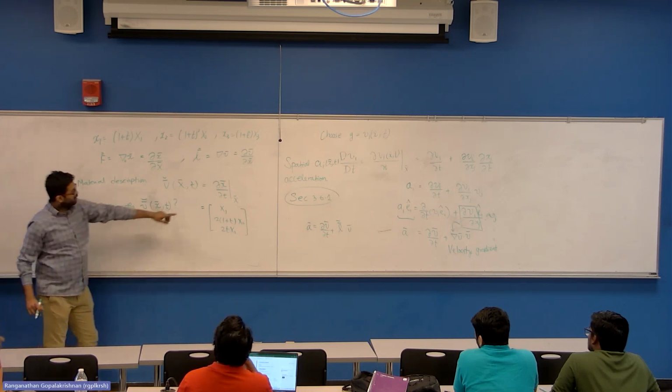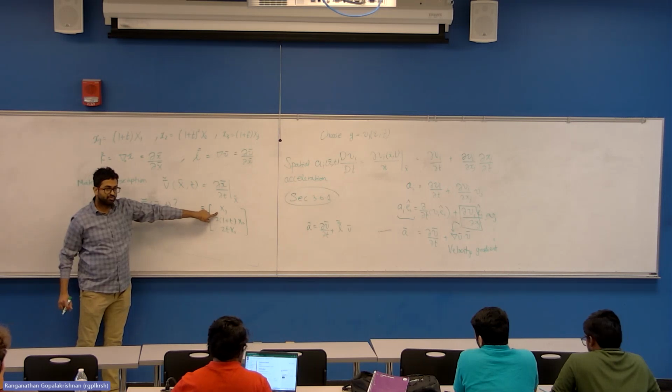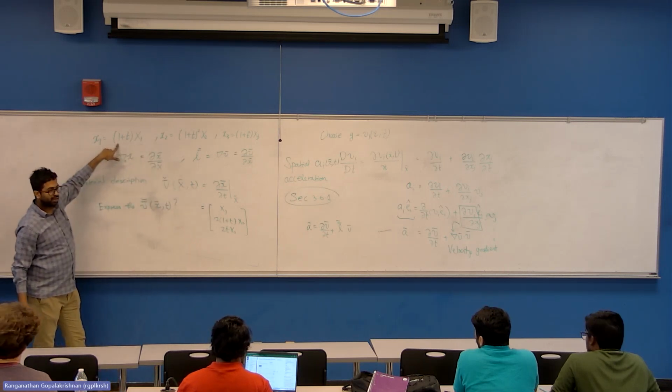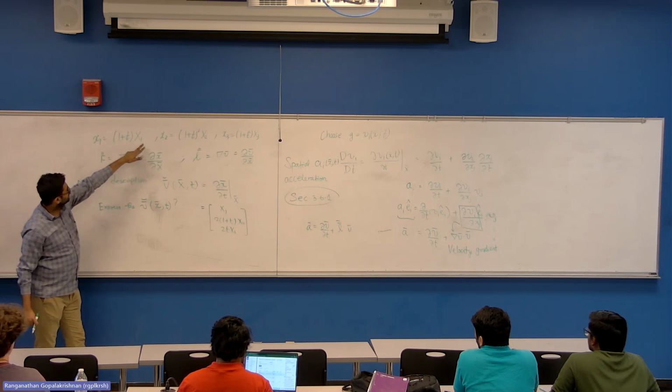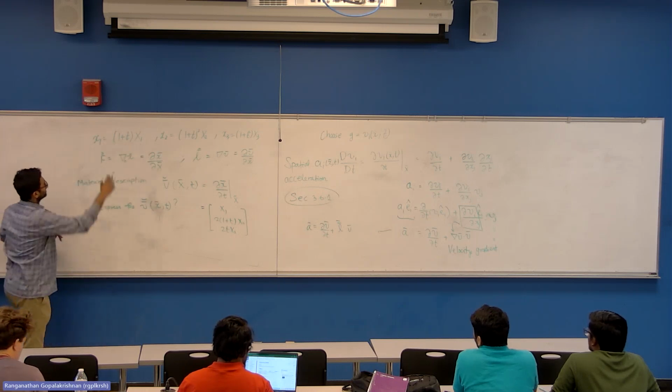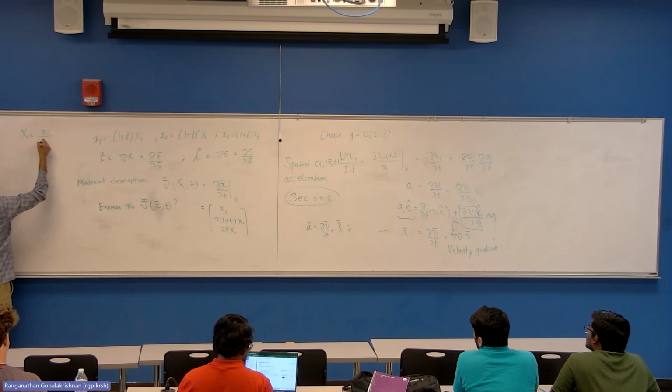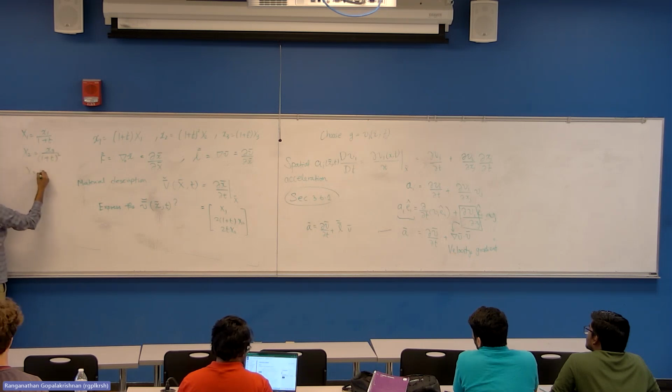You have to eliminate the material coordinate from this expression using the original relation. In this case, it's very easy to invert. This is like saying X1 is equal to x1 divided by 1 plus time, X2 is equal to x2 divided by (1 plus time) squared, and X3 is equal to x3 divided by 1 plus t squared.